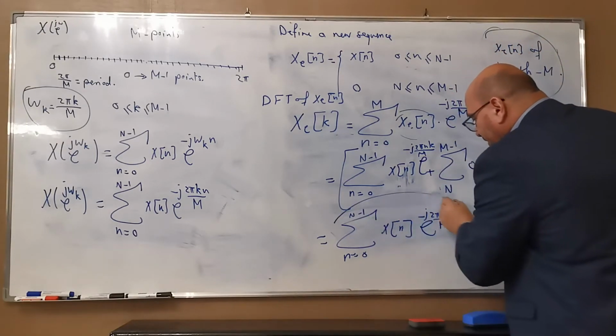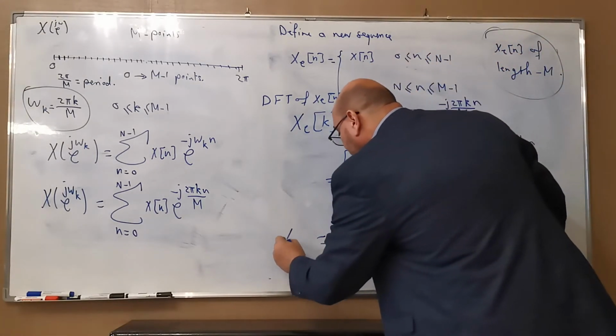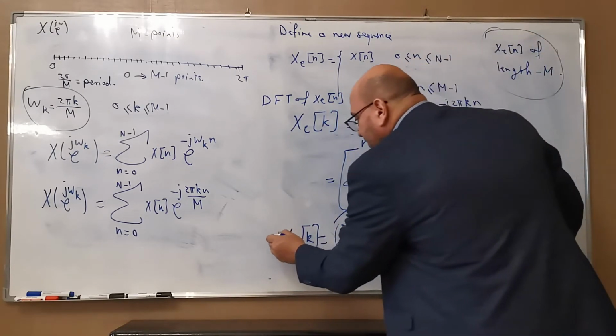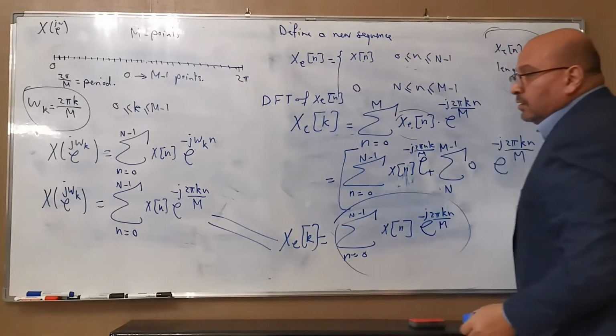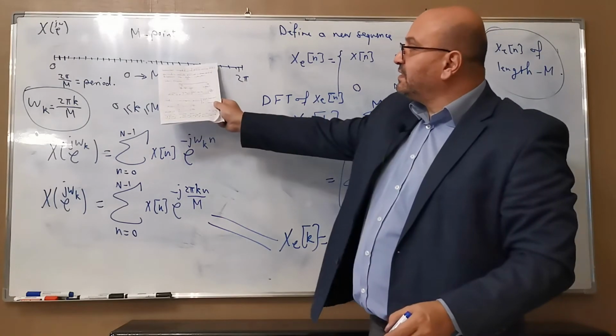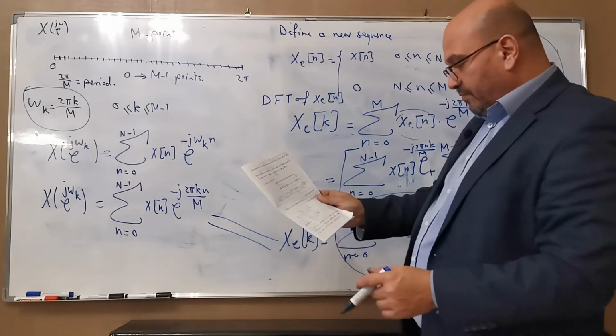If you look at this one here, which is x extended of k, it is exactly equal to x of e^(j omega k) for the dense grid of m.